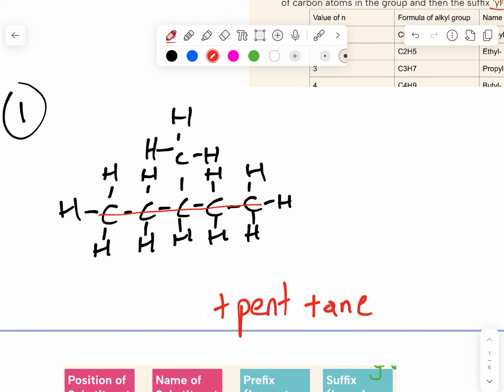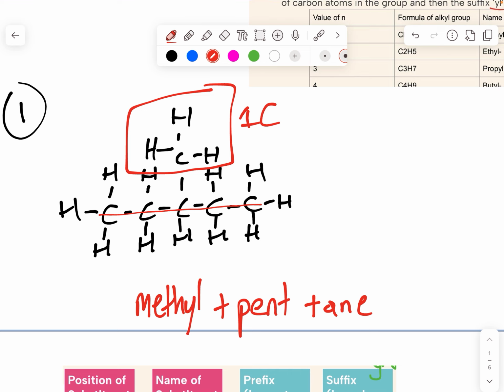Next, we need to name our substituent or alkyl group. We do not have any halogens here, but we do have an alkyl group that is not a part of the longest continuous carbon chain. It's actually attached to it. This group has 1 carbon, so it's going to be meth for 1 carbon, and since it's an alkyl group, it gets -yl as the suffix.